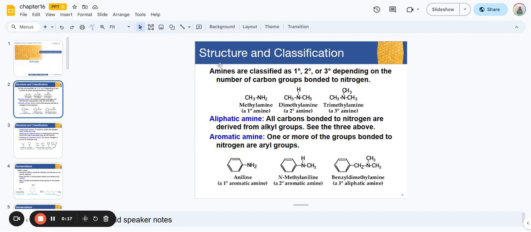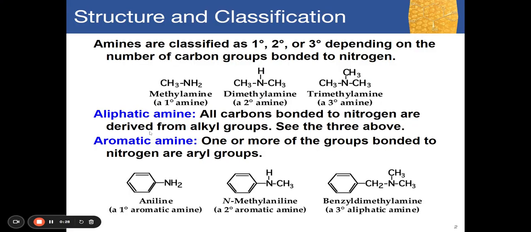We must know that amines are primary, secondary, or tertiary, depending on the number of carbon groups bonded to the nitrogen. If you can remember, let me expand my screen. Nitrogen can have three bonds, no?